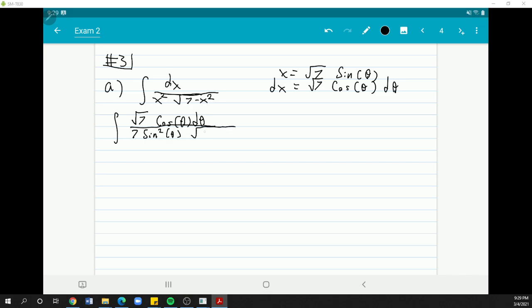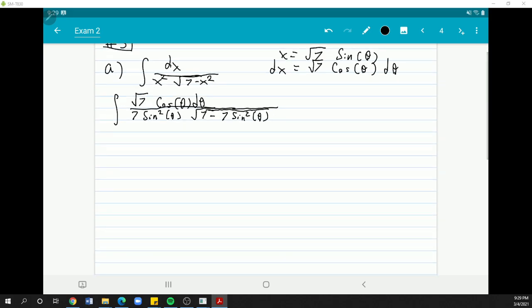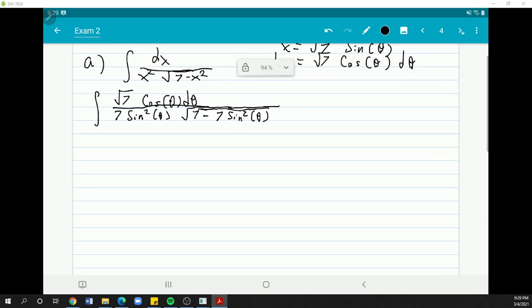And then we're going to have the square root of 7 minus, same thing, 7 sine squared of theta. All of this is under the square root here. Okay, so now, first I can pull out a root 7 and a 7.